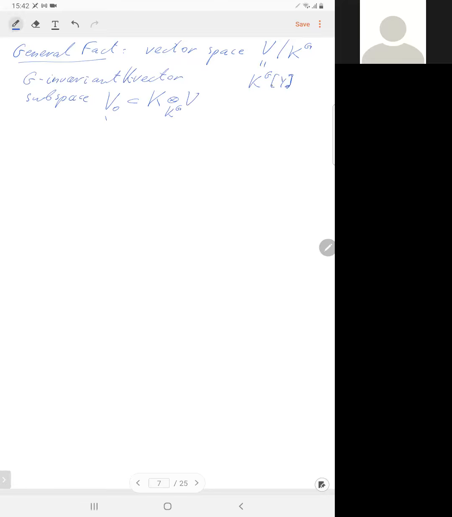Okay, and this V naught will be our ideal J. And then the general fact is that this G invariant subspace is necessarily generated by G invariant elements.